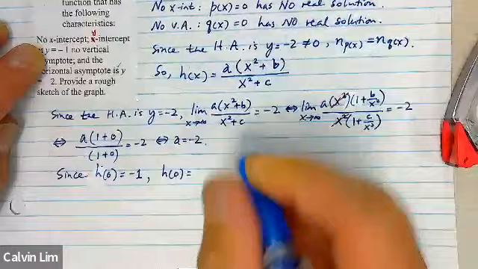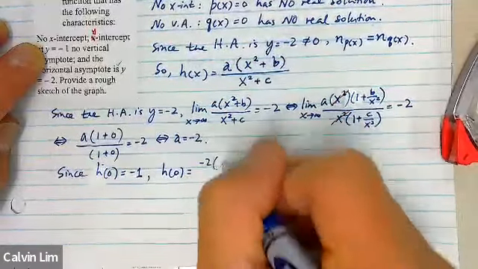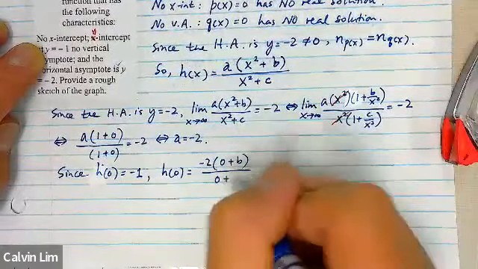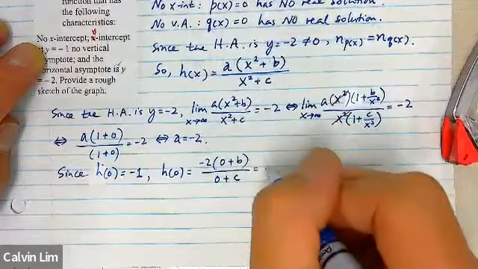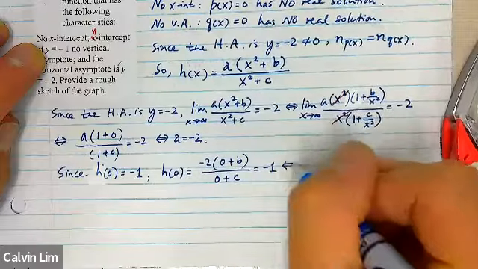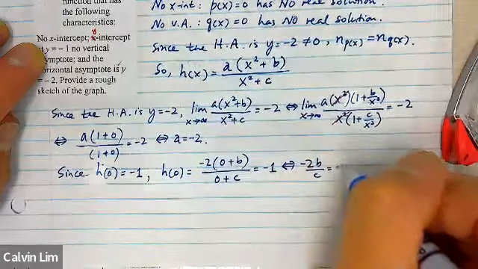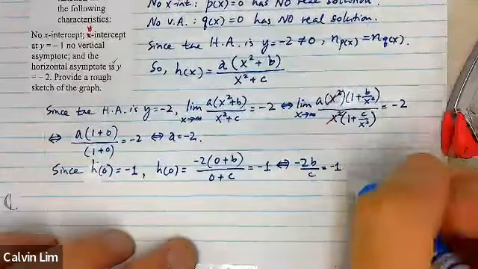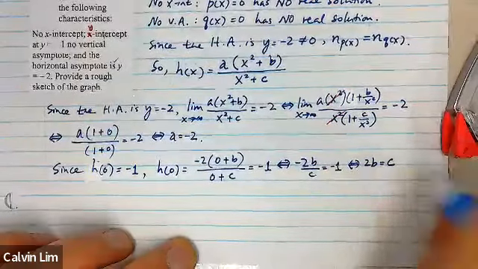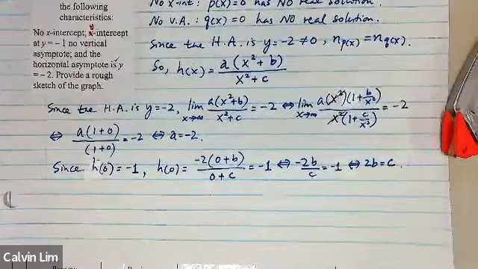So now we just put in what we know: -2 times 0 plus b over 0 plus c equals -1. And here's the equation. So I have -2 b over c equals -1. So 2b equals c. We have two unknowns. We only have one equation.